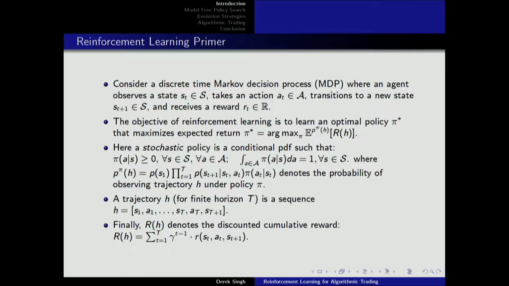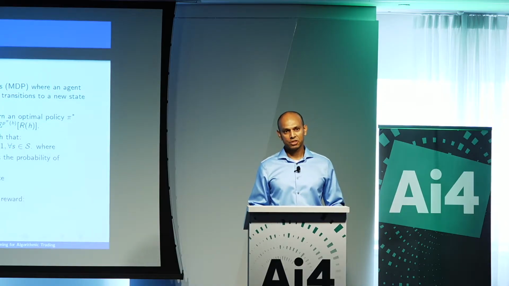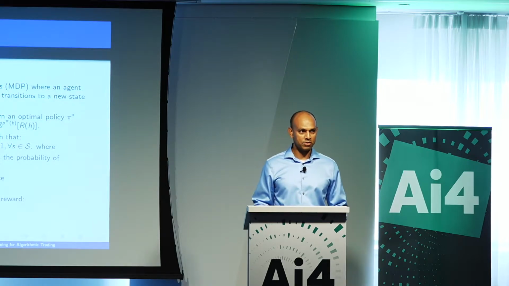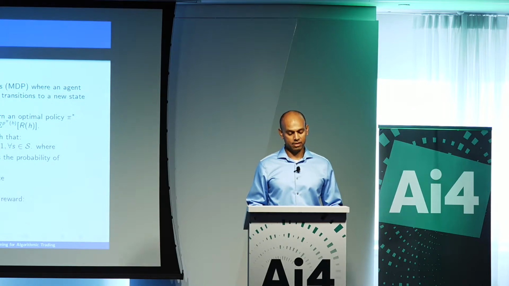So it could be infinite, but in this case, it's finite. And we usually employ some type of discounting, and we just sum up the cumulative rewards and try to maximize that. Of course, there are other types of functionals you could maximize, not just expected return. You could think of some kind of risk-adjusted functional that includes CVaR or something like that. But at least for this particular problem, we're just looking at expected return.